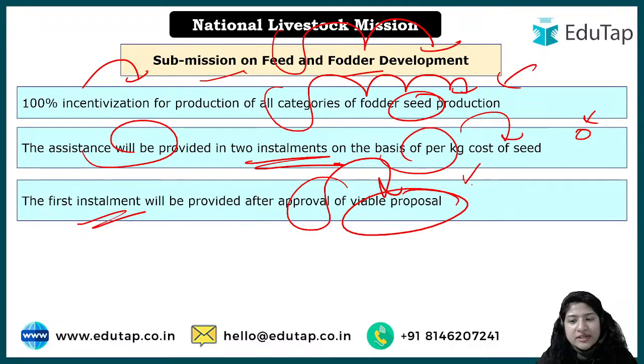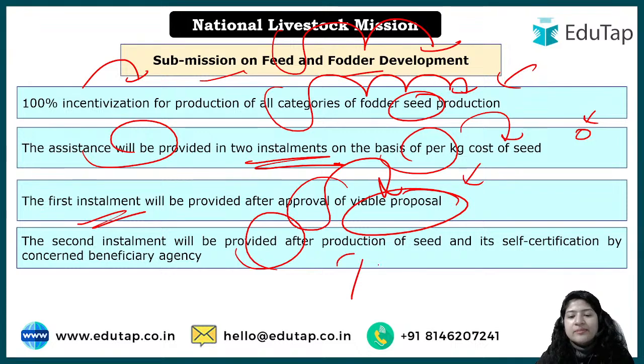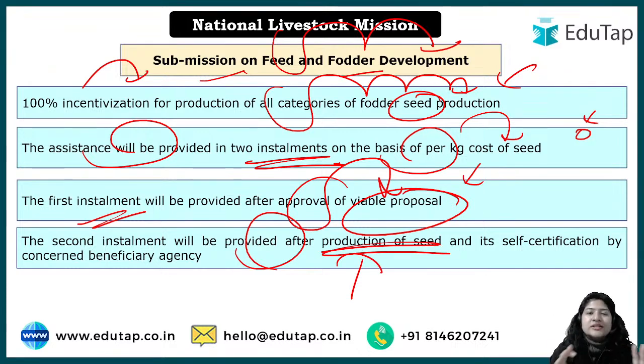First that project is approved, and the first installment will be provided; the second will be provided once the process is done, once the scientists or these institutes have come up with the seeds and are offering these seeds to the consumers. Okay. So first, once the proposal is accepted, and second, once the seeds are produced. Then only the second installment will be given.